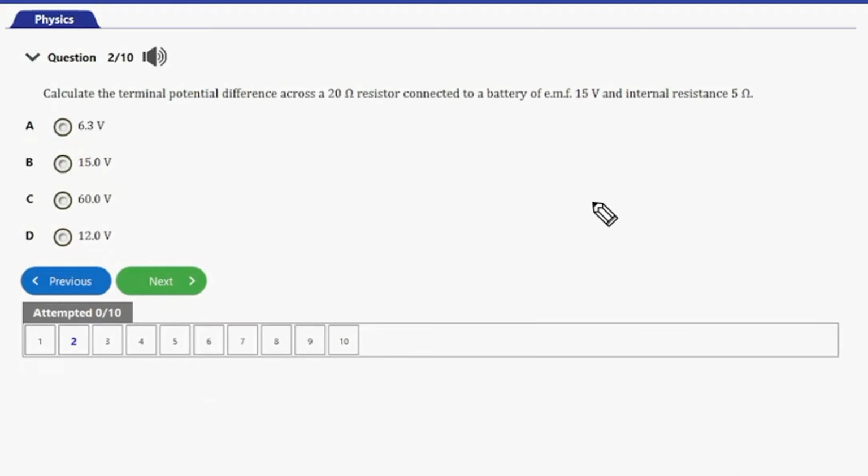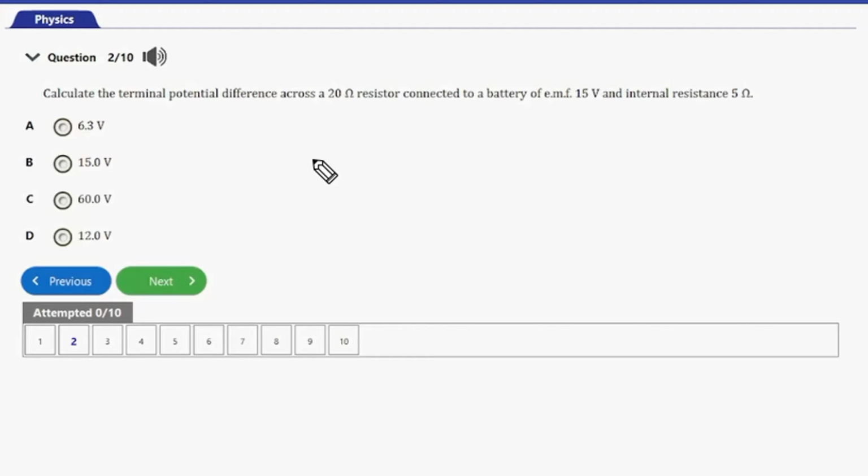That's question number 2, and the question says: calculate the potential difference across a 20 ohm resistor connected to a battery of EMF 15 volts and internal resistance 5 ohms. For this calculation we are to calculate the terminal potential difference.